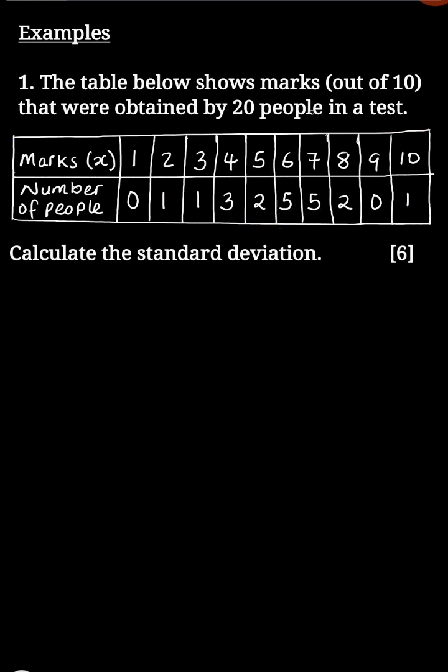In this particular table, we've got marks that are represented by X, and then the number of people, which is just our frequency. The numbers on top are your values of X, so in this case, our values of X are marks. And then the numbers down are the frequency, which are simply the values of F.